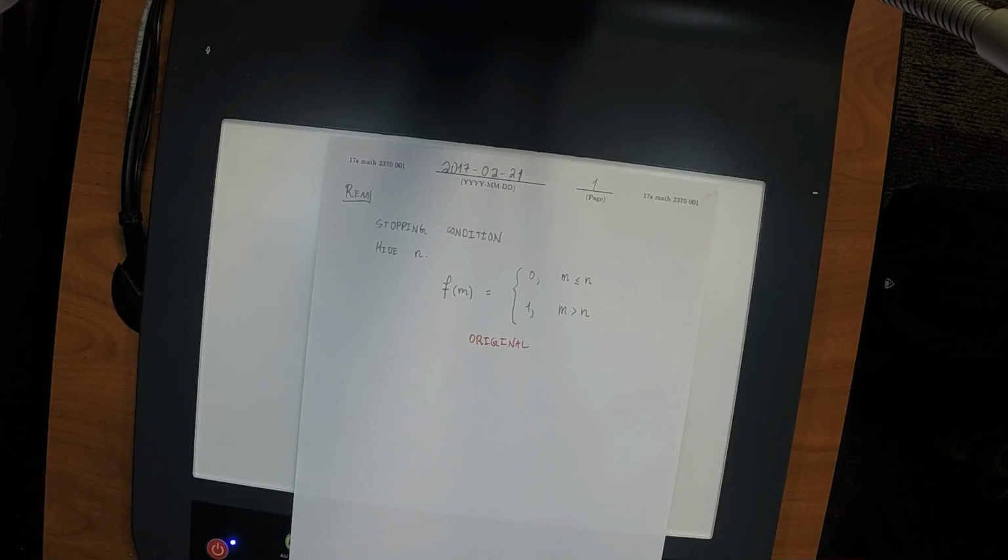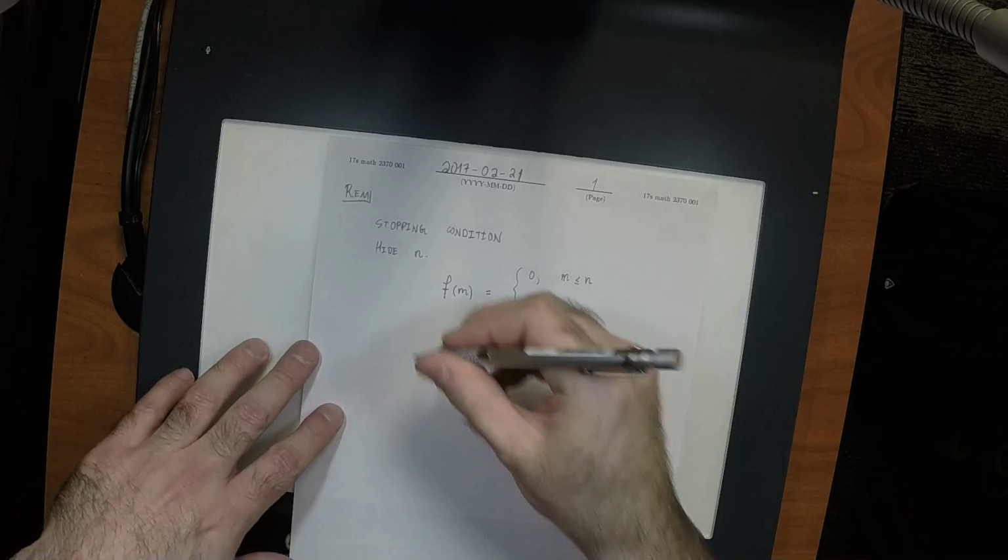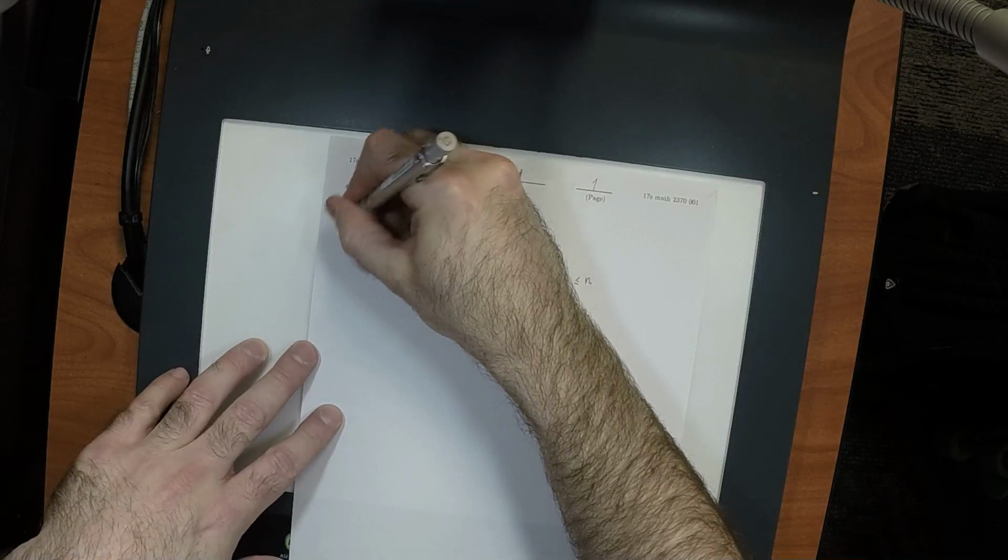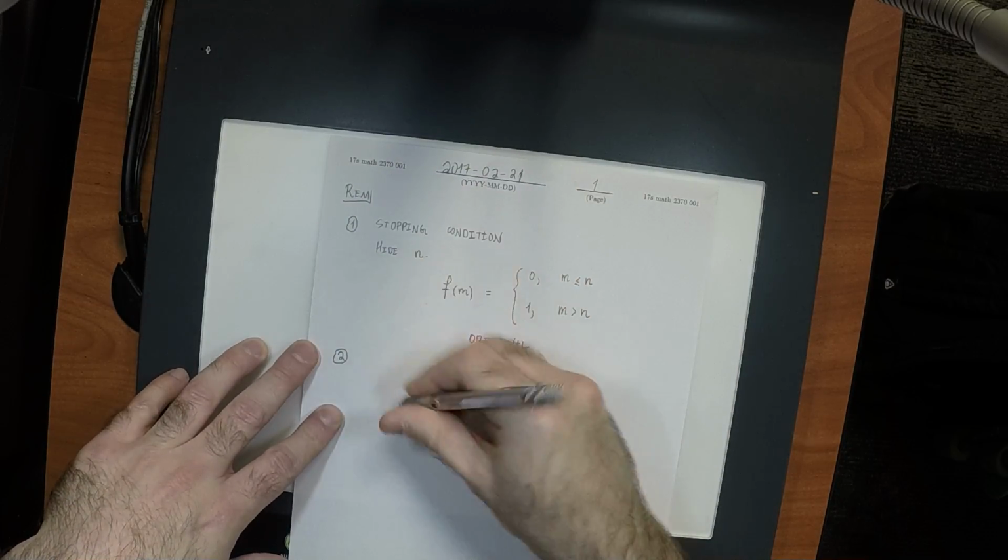So then I added to the exercise and made it to where you needed to compute the greatest lower bound, and it became expedient for me to change the stopping condition. So then I changed the stopping condition to the following.